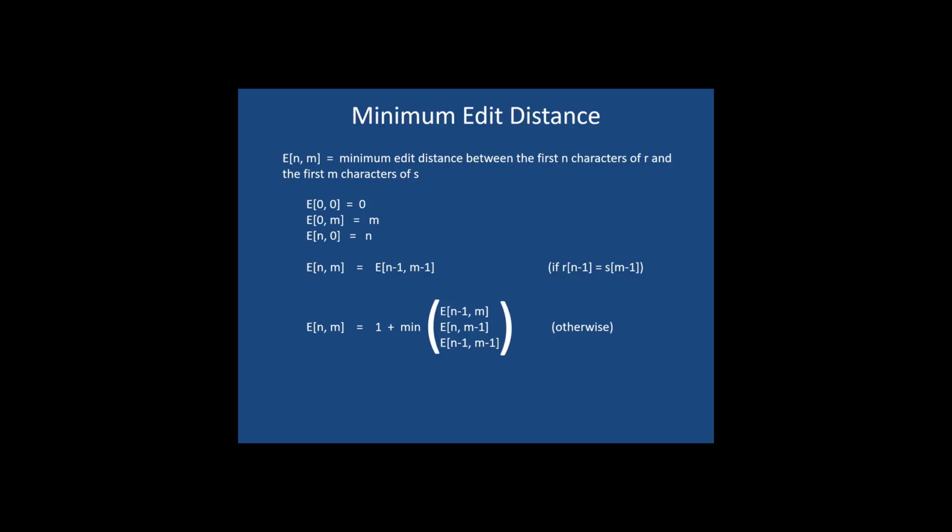If the first one is 0, return the second one. If the second one is 0, return the first one. If they agree on their last character, make a recursive call. If they don't, make 3 recursive calls, take the min, add 1. Return the result. That's easy to turn into a program. And you run it, and what'll happen?